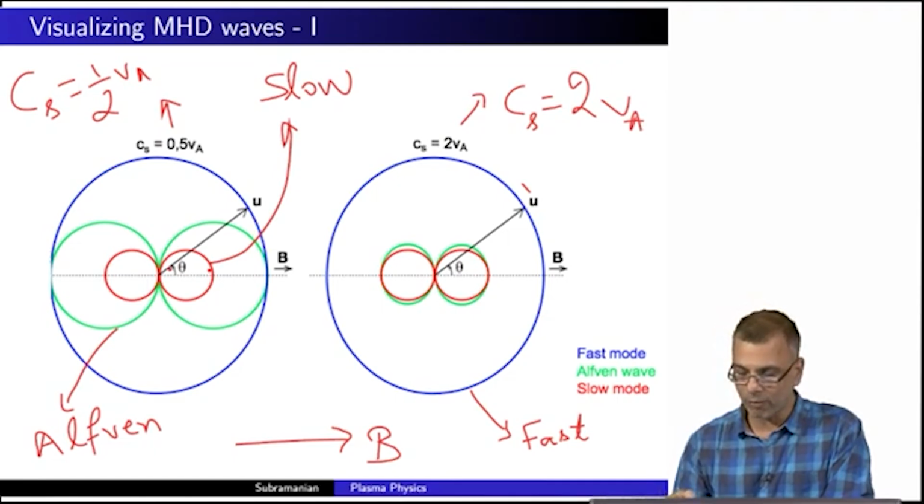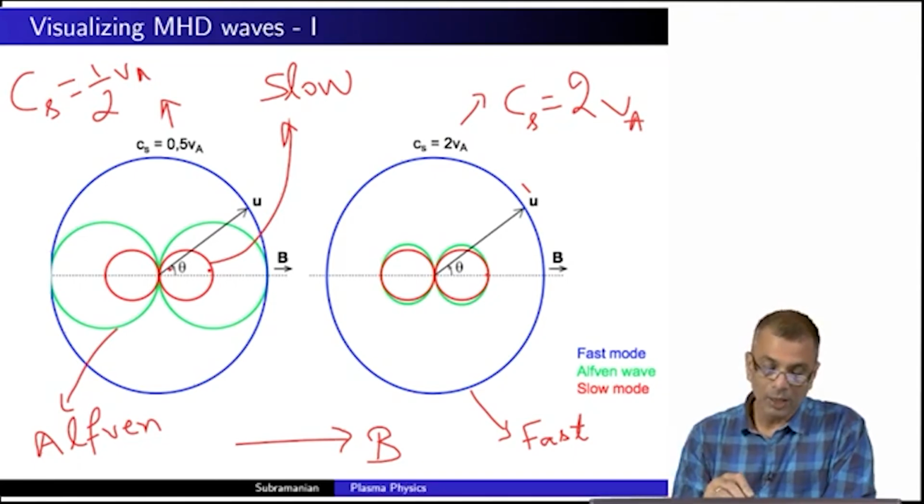The Alfvén wave is still slightly faster than the slow mode, except for propagation exactly along the magnetic field line. Exactly along the magnetic field line, the Alfvén mode and the slow mode have exactly the same phase speed. Away from that, there is some difference. The difference is much larger in this case, but it's much smaller in this case.